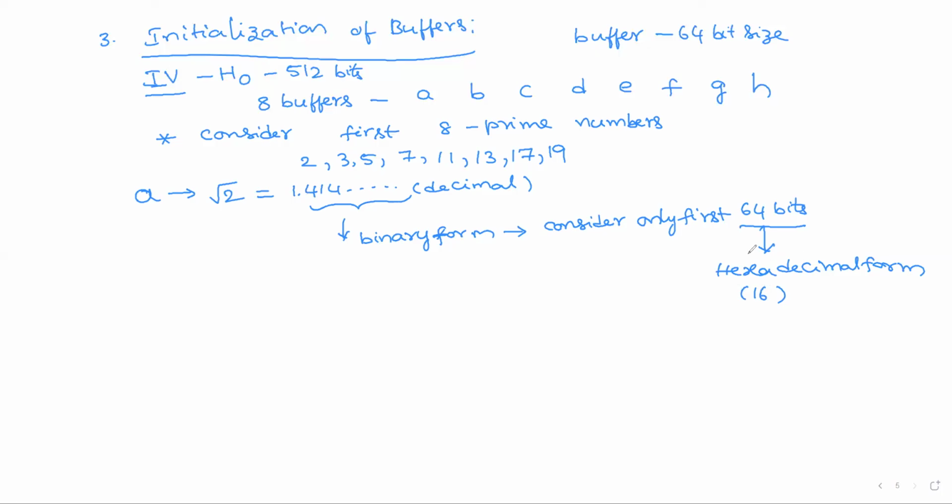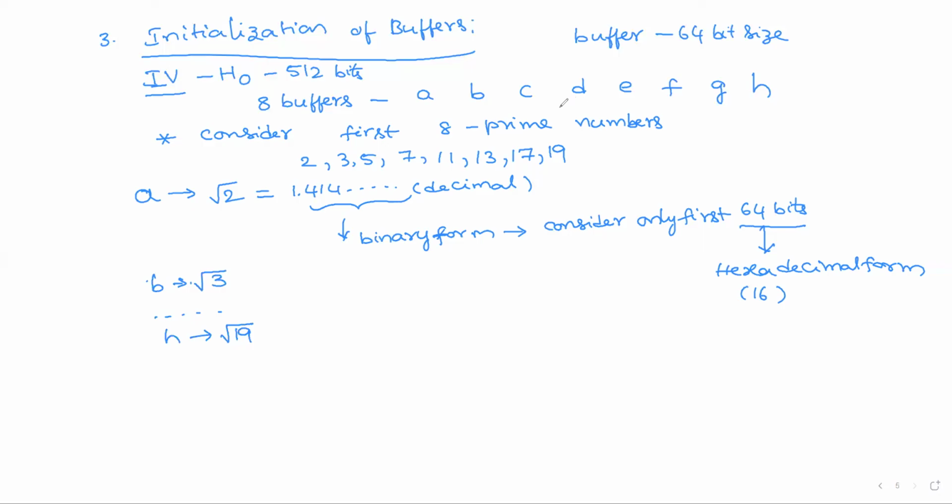Those hexadecimal numbers you can use for initializing A. Like this, B must be initialized with the square root of 3. You convert that fractional part into binary form, consider the first 64 bits, and write those 64 bits in hexadecimal form. Like this, finally, for H, we use the square root of 19. So this is the initialization vector, or how we initialize these buffers, the initial values of these buffers.